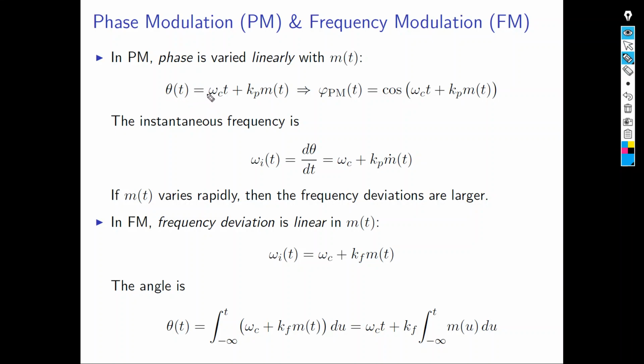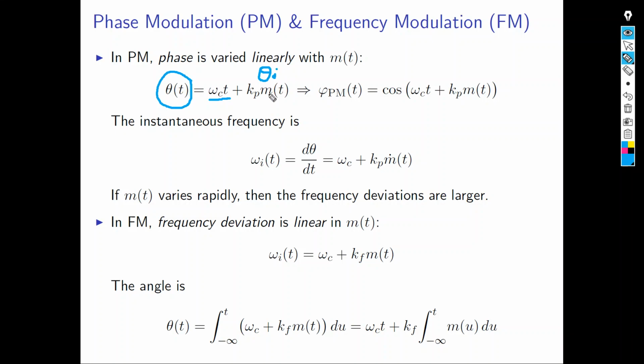You define theta of t to be omega c t. Yes, this is the angle in general. The angle is equal to omega c t plus theta naught. Now instead of theta naught, you put the message signal. Why?